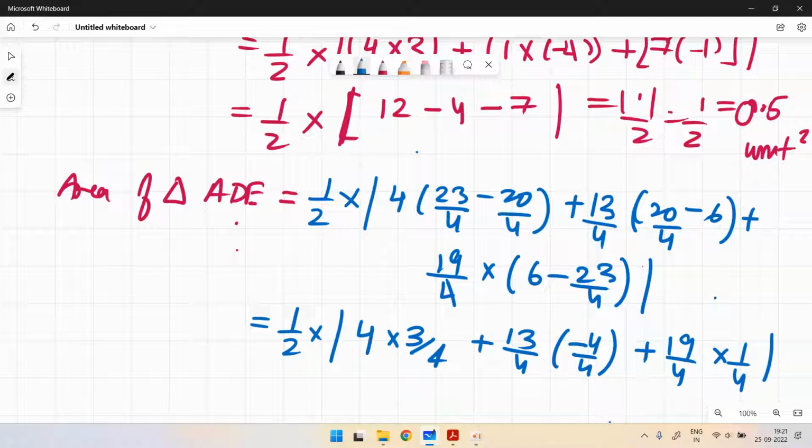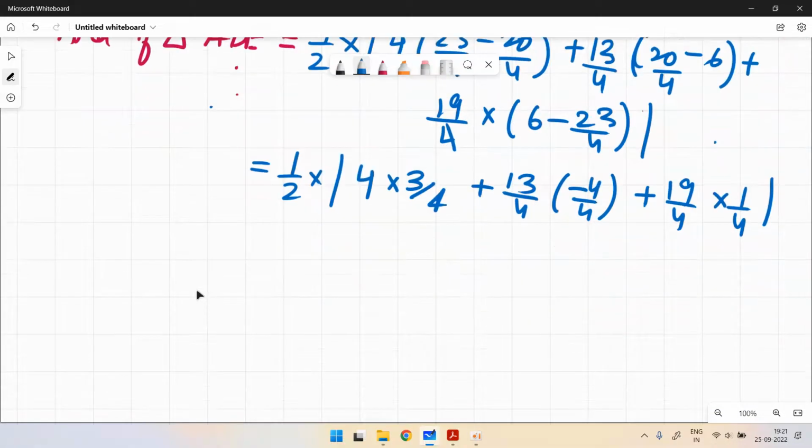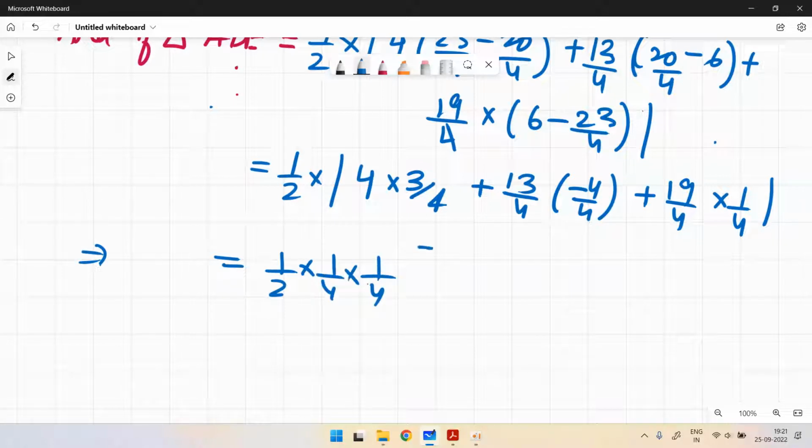Now 1 by 4, 1 by 4 is common, so I take 1 by 16 outside the bracket. So this is equal to half into 1 by 4, taking 1 by 4 and 1 by 16 out of the bracket. This will ultimately become modulus of 16 times 3, which is 48, plus 4 times minus 4 is minus 16 times 13, that is 52, and this is plus 19.